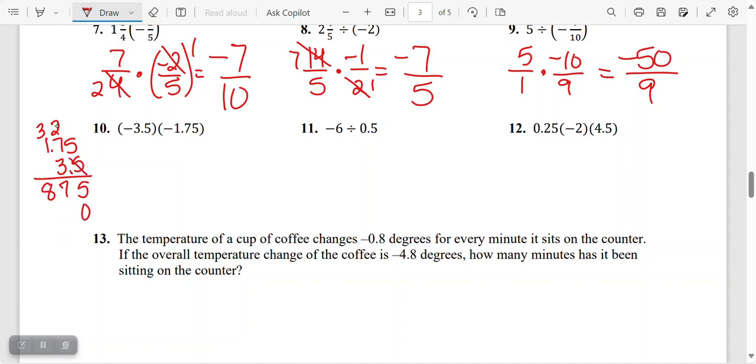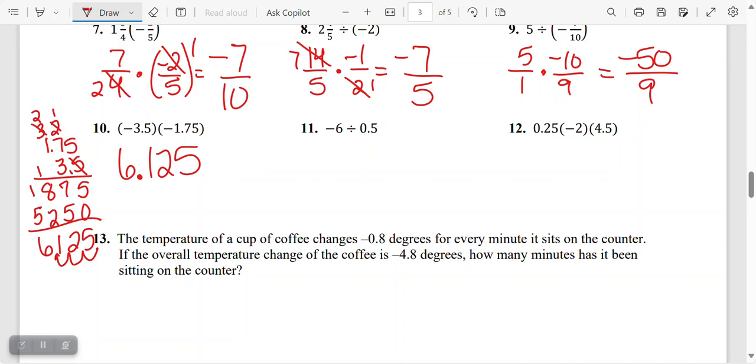I need a 0 here for a placeholder. 3 times 5 is 15. There's 21 and 22. 3 times 1 plus 2 is 5, and now I'm going to add. I have 3 decimals in the problem, so I need 3 decimal places in my answer. A negative times a negative is a positive, 6.125.